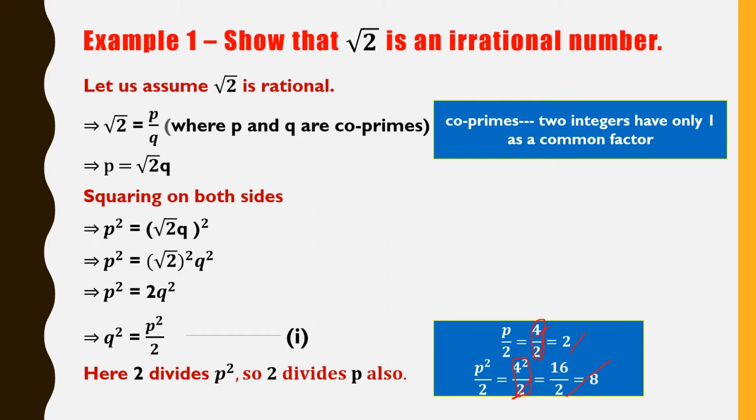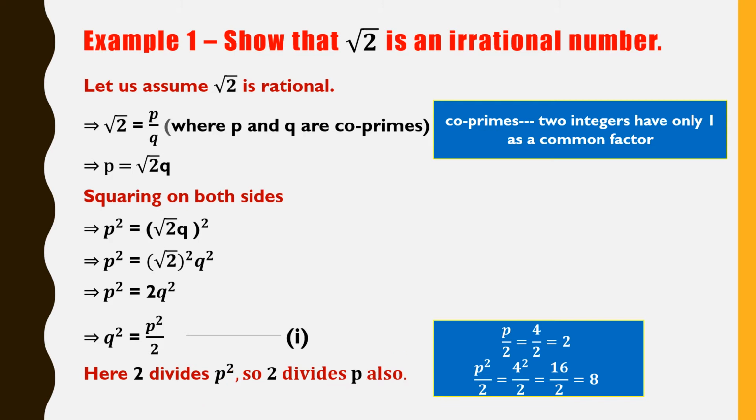Why I am mentioning this statement here is that we want only P and Q, but here we have P square. So from this P square, we should write a statement for P also. When 2 is dividing P square, 2 divides P also. The same statement you should take for Q square.